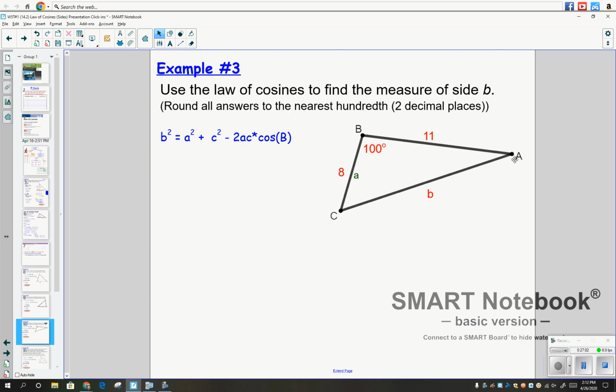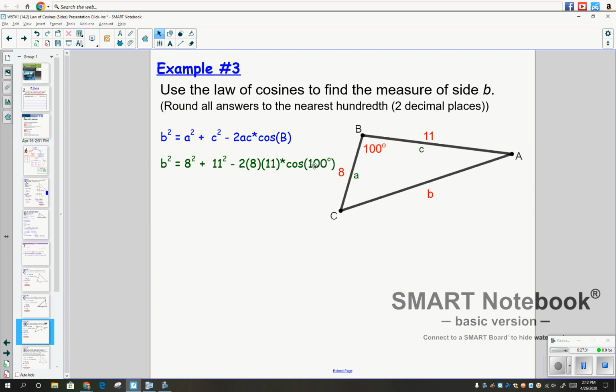Let's call 8 A because it's across from angle A. We'll call 11 C because it's across from side C. Plug our numbers in. A is 8, C is 11. Again, A is 8, C is 11. Capital B is angle B, which is 100. So B squared equals 8 squared plus 11 squared minus 2 times 8 times 11 times cosine of 100.